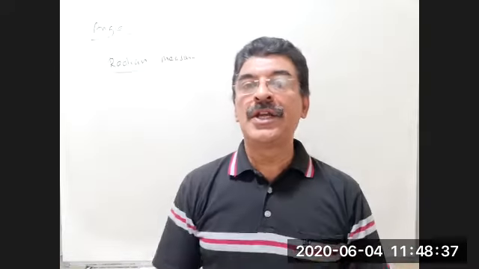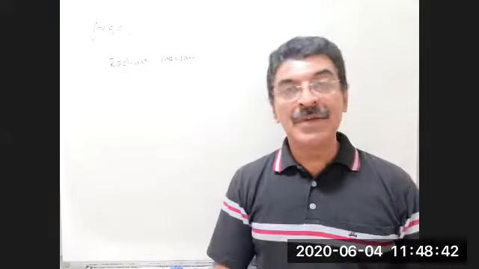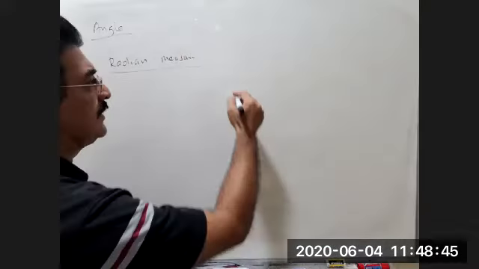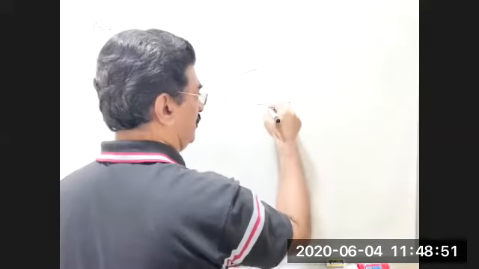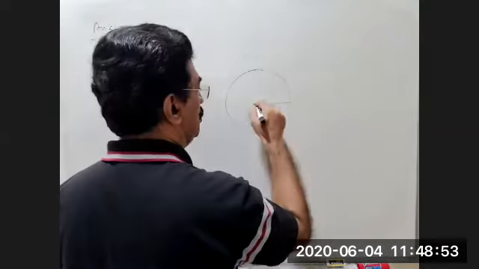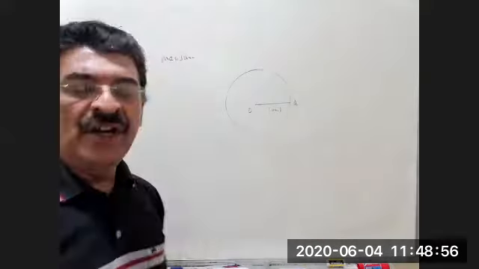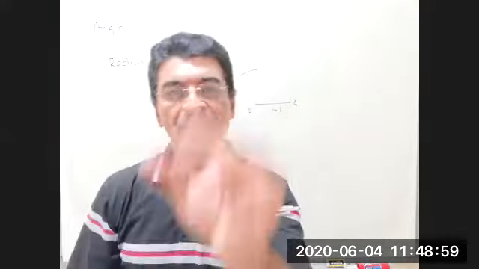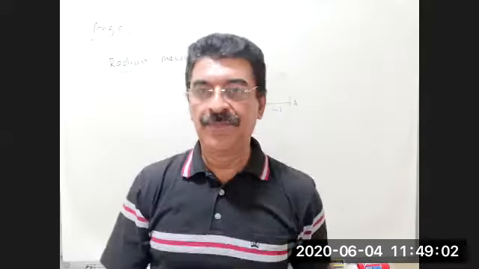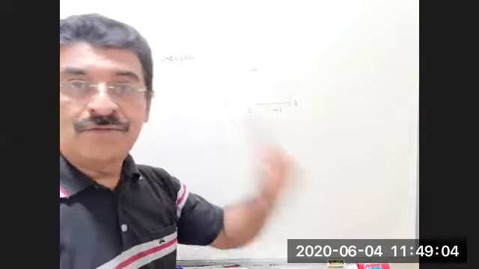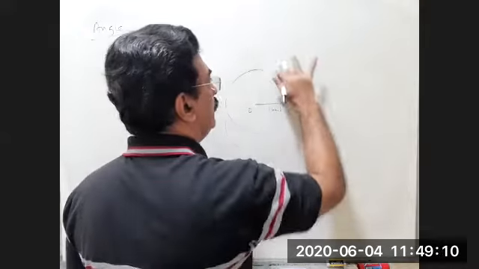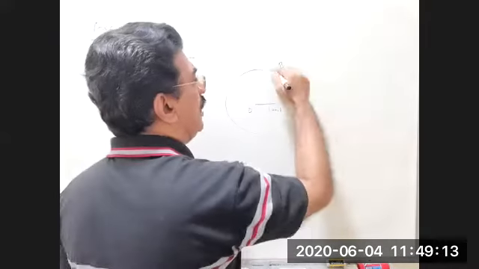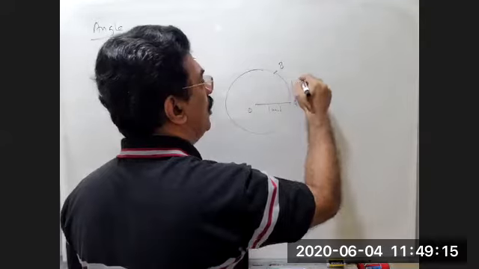See, radian measure. You learned it in physics. Radian measure is this: if we consider a circle of radius 1 unit, where 1 unit can be 1 centimeter, 1 meter, or even 5 centimeters, whatever it may be, and the length of the arc AB is also 1 unit.